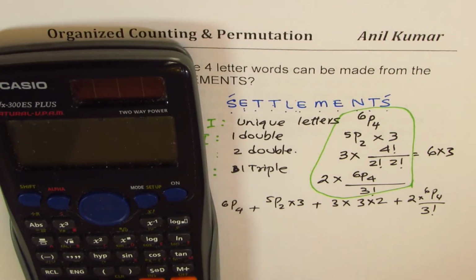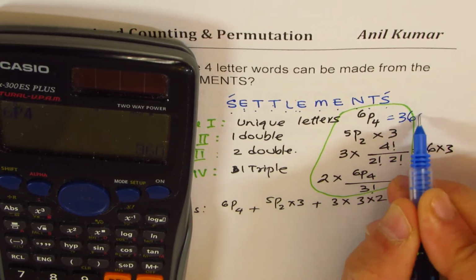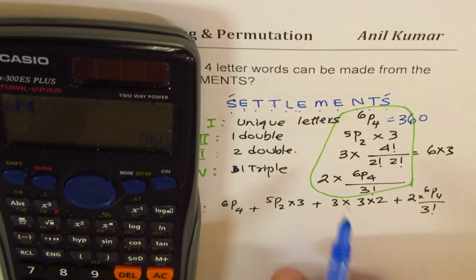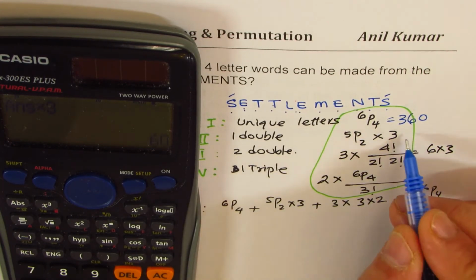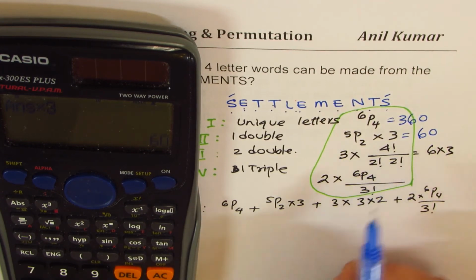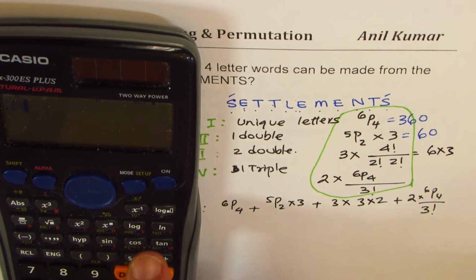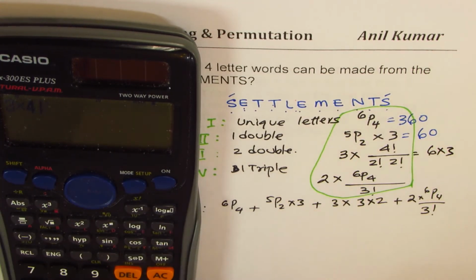So 6p4 equals 360. So this number is 360 for us. And then we have 5p2 times 3, which is 60. And this number is 4 factorial. So it is 3 times 4 factorial.